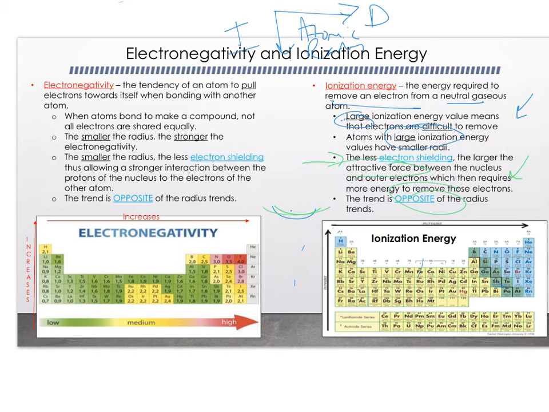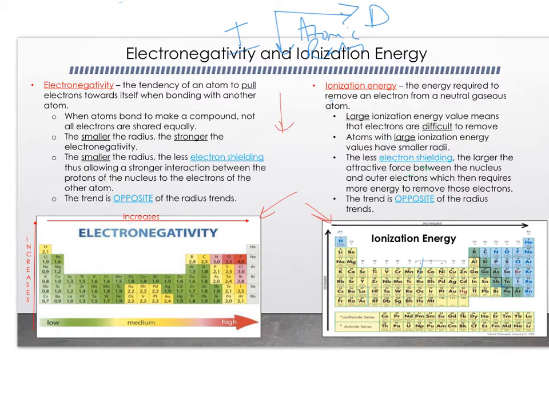So what you should take away from this slide is, one, the atomic and ionic radius trends increase going down a group, and they decrease going from left to right. That is your radius trend. However, your electronegativity and ionization energy trends are the opposite.